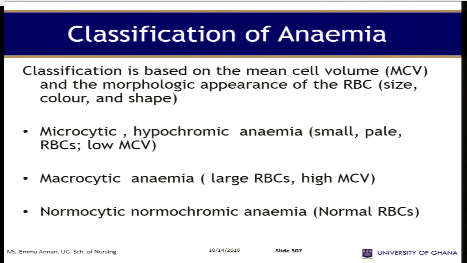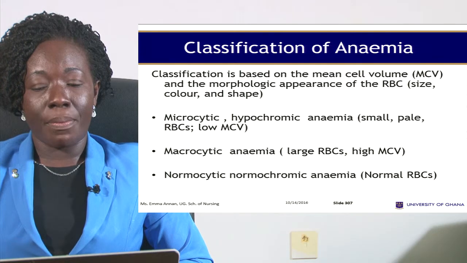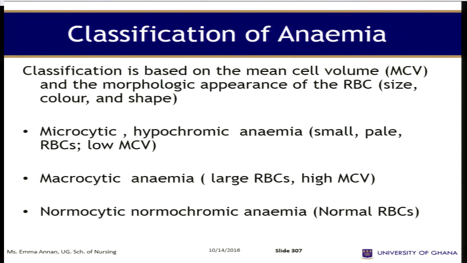So microcytic hypochromic anemia means that there are small pale red blood cells and low MCV. The MCV is the mean corpuscular volume or the mean cell volume, and is a measure of the average volume of red blood cells in the blood.